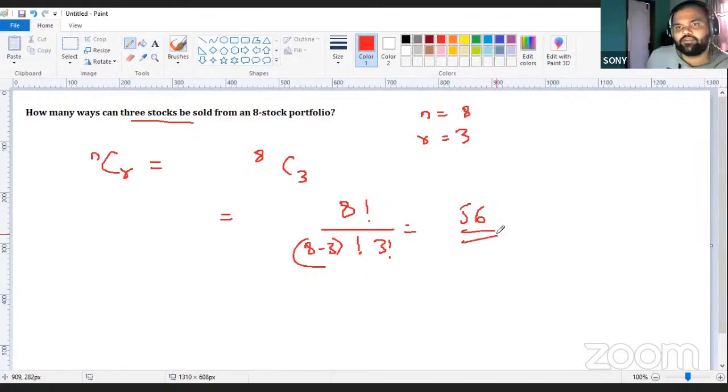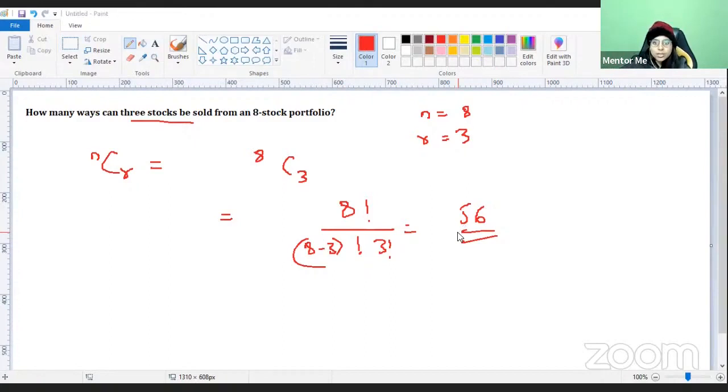हम ये तो परमुटेशन है ना, कॉम्बिनेशन थोड़ी हुआ. यही तो है ना कॉम्बिनेशन. Combination ये तो था ना, n factorial by n minus r factorial into r factorial is combination. Permutation is n factorial by n minus r factorial. ठीक है?